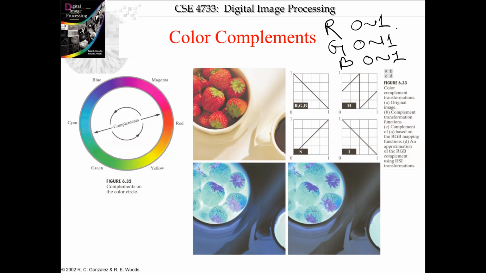But normally, whenever we have an 8-bit color channel or a 24-bit color image, red is represented by which values? 0 to 255, right?